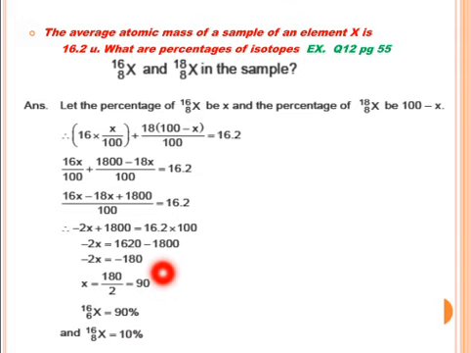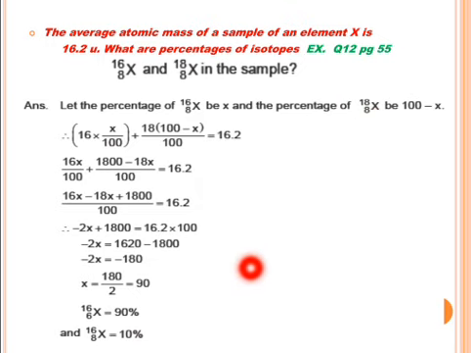It means the percentage of X16 comes out to be 90%, and by subtracting 90 from 100, the percentage of the second isotope, that is X with atomic mass 18, can be calculated.